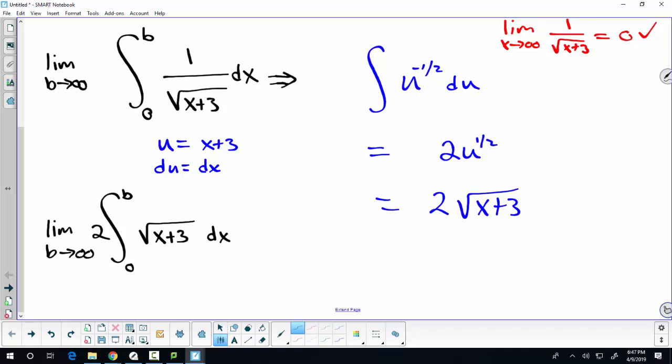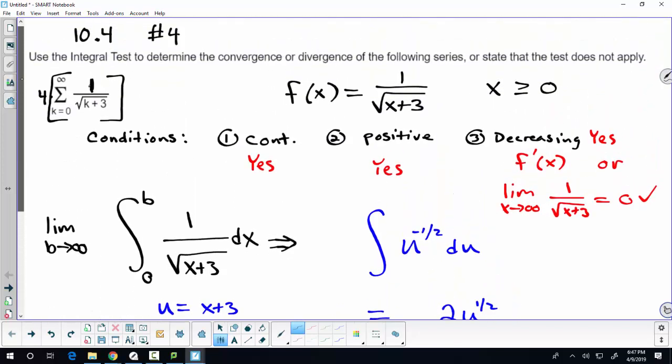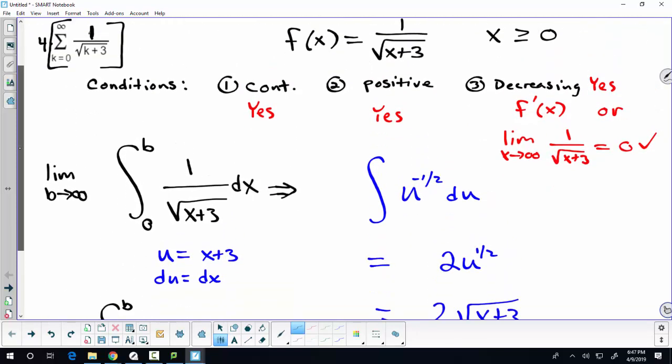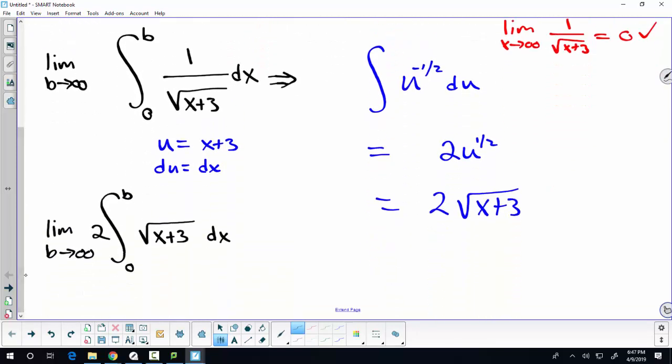Remember, the 4 is not going to affect convergence or divergence, so we're not even going to worry about it. If you want to put it in there, you totally can. It doesn't matter.